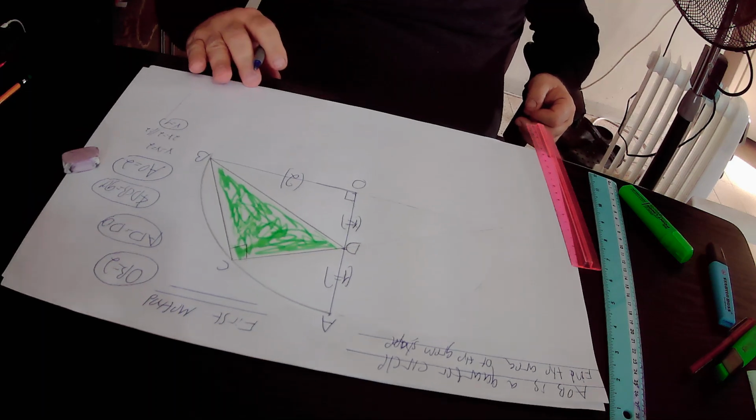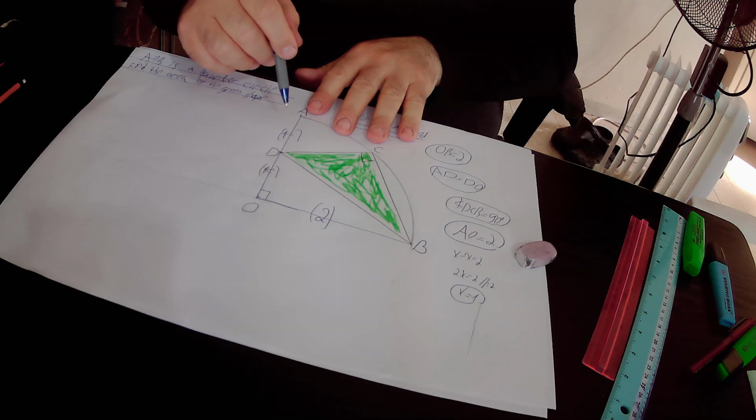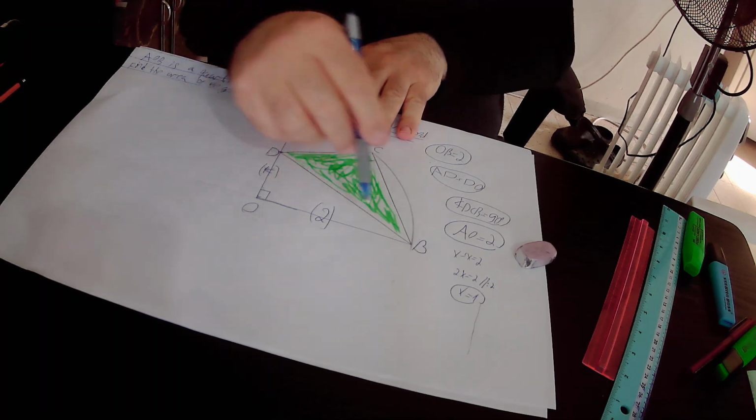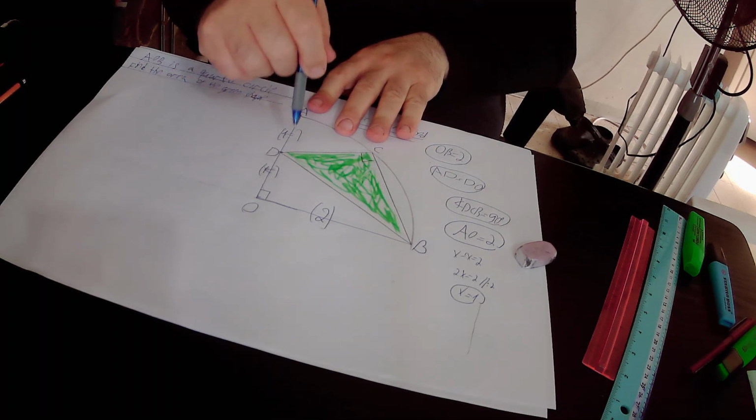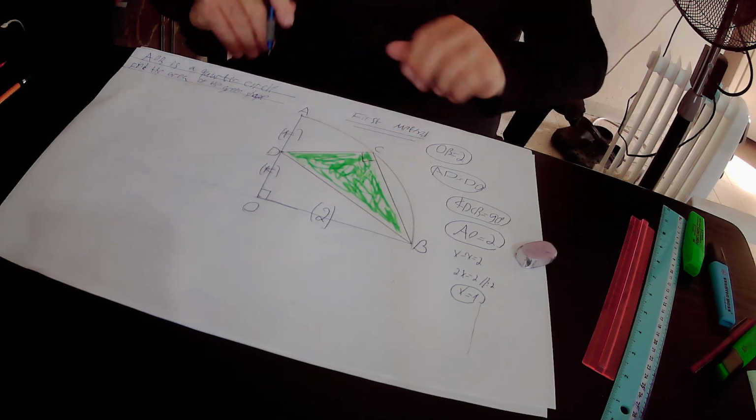In the next step, I'll copy this right triangle DOB in a new page and we'll implement the Pythagoras theorem on this right triangle, triangle DOB.